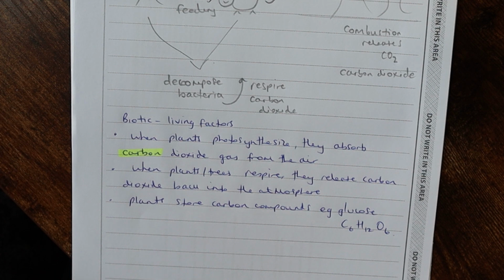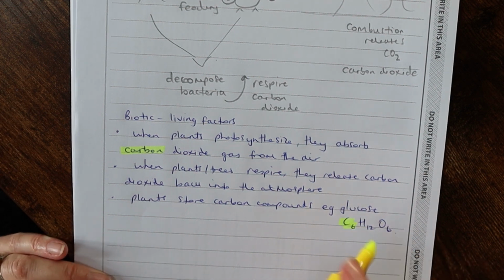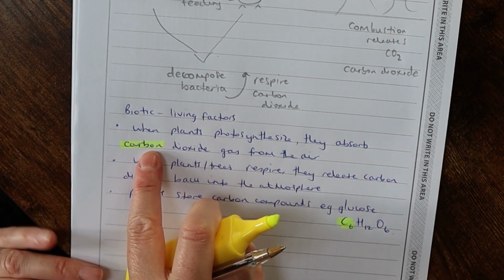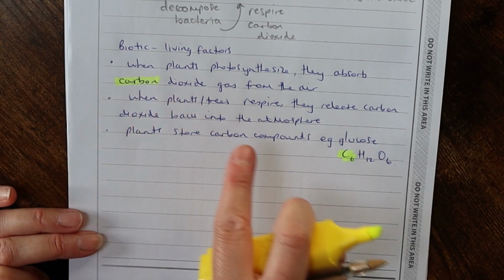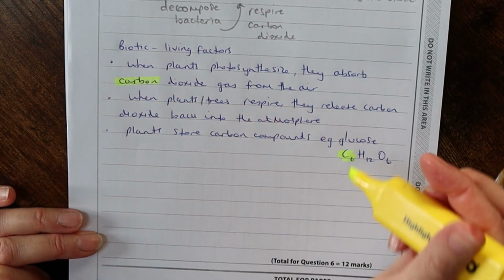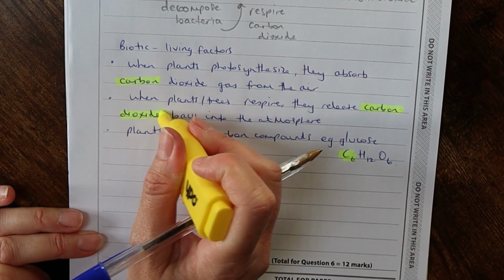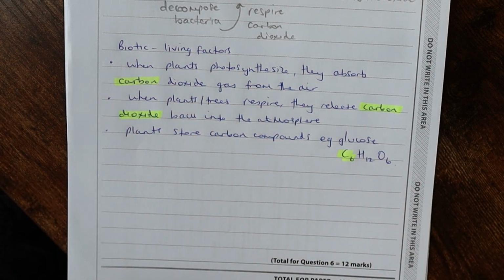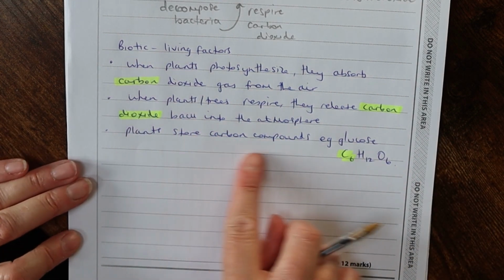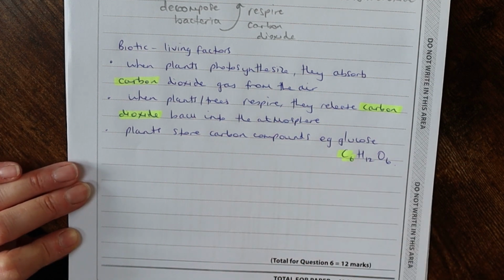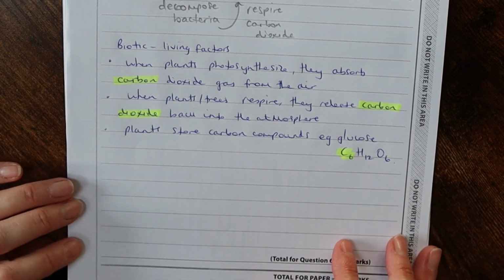So there's your carbon. So we've mentioned it is taken in through photosynthesis. When plants and trees respire, they release carbon dioxide. So this is it being cycled, and then it's stored in carbon compounds, for example, glucose, starch, which again is a carbohydrate, and proteins as well will have carbon compounds in them.